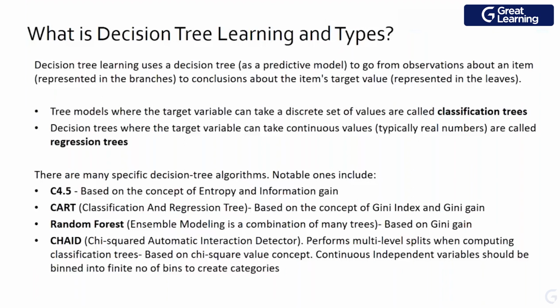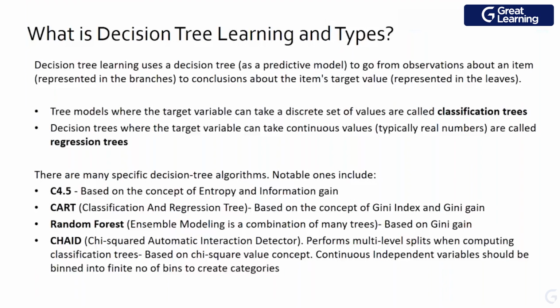And then you have CHAID, which is chi-square automatic interaction detector. CHAID typically performs multi-level split, as I told you previously, whenever your target variable can have a multi-level split. So for instance, let's say a loan can be less than 1, then you can have 2 to 5, then greater than 5.